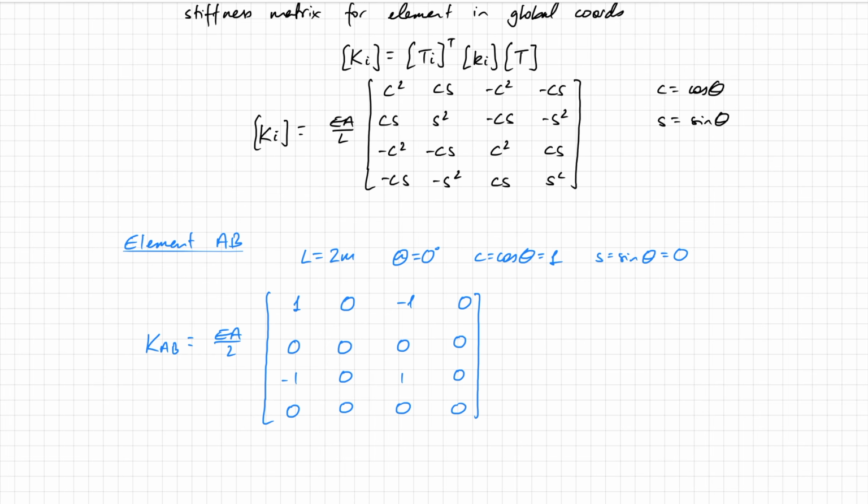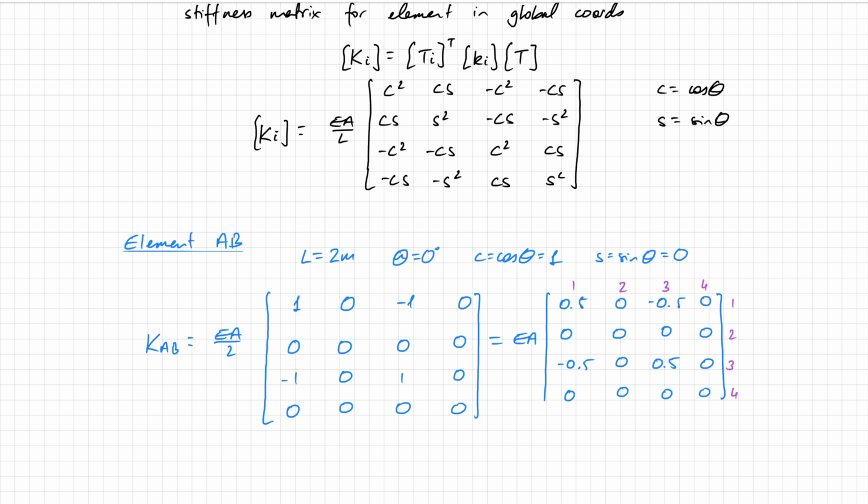Now, since L is 2, I'm just going to divide it by 2, and I'll get EA times 0.5, 0, -0.5, 0, and so on to get my final matrix, just essentially dividing everything by 2. What I'm going to note here are the relevant degrees of freedom: 1, 2, 3, and 4, and here I've got 1, 2, 3, and 4. Noting them like that will make it really easy when I come to assemble the full matrix. So that's element AB finished.